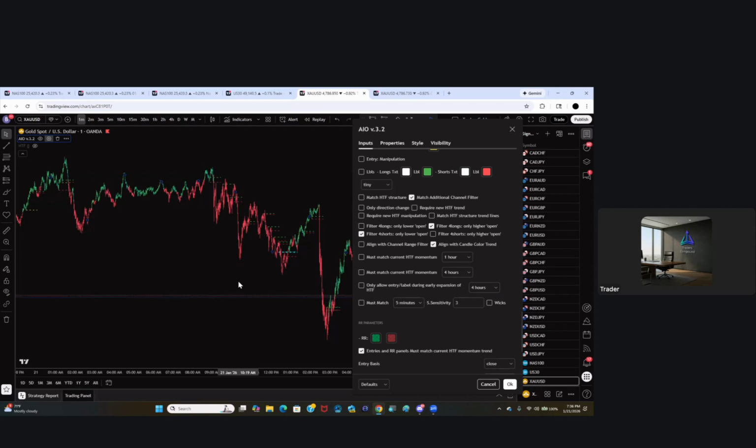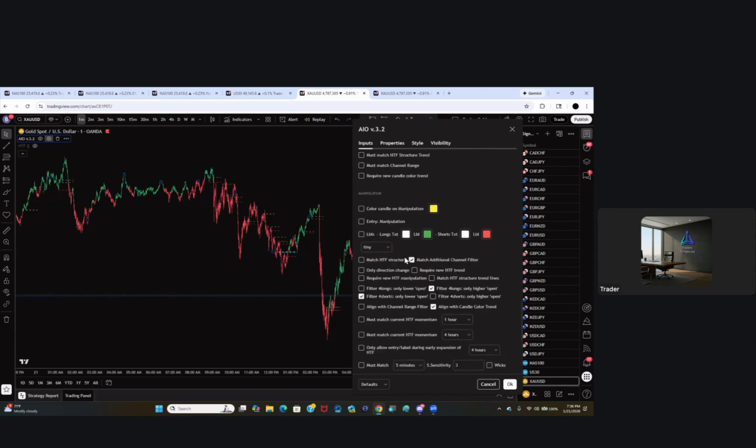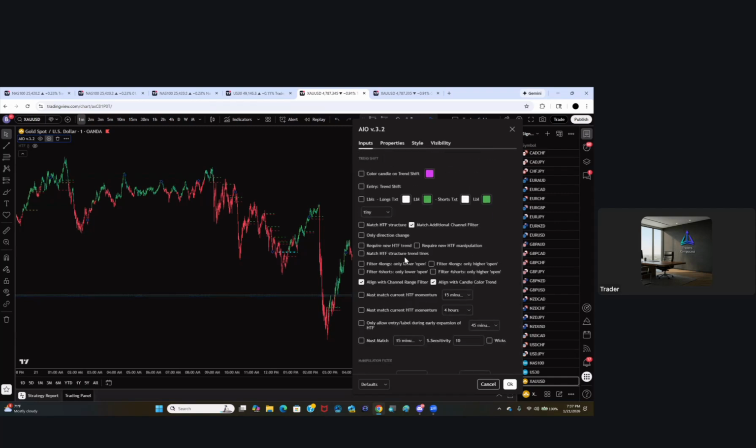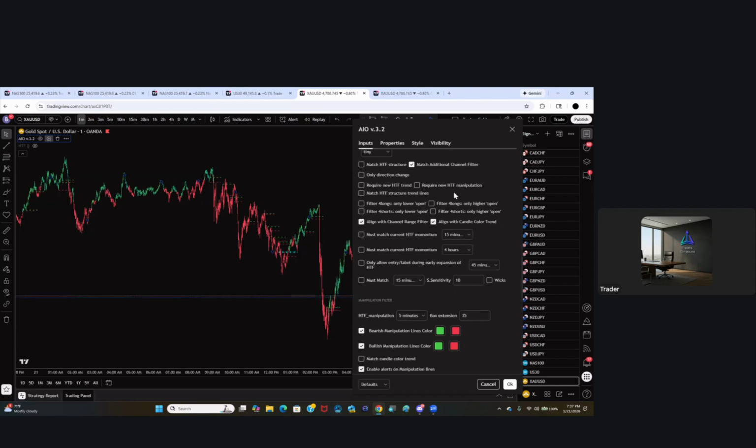That means the market should be trending in those areas because it's already verified other levels that you can't see. Super cool. And then making sure that it aligns with the candle color trend. That's all I have turned on. That's it. That's everything.